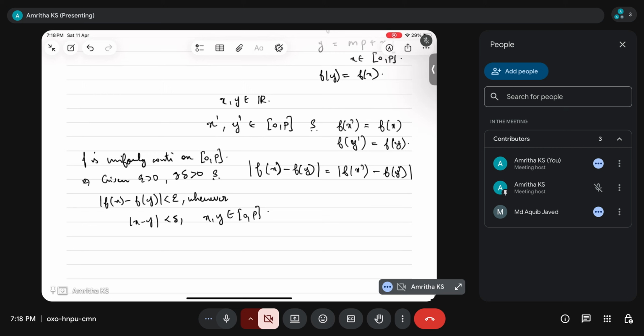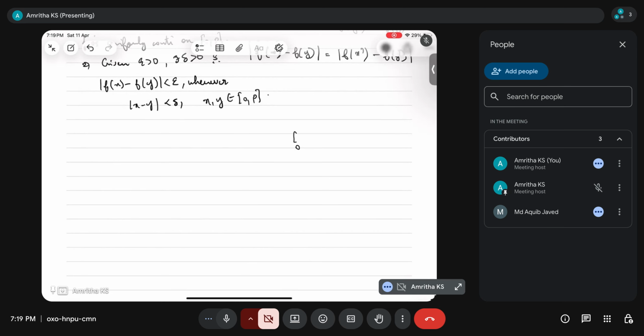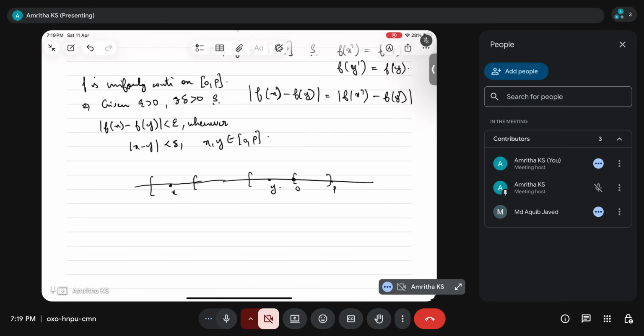Is it true? No, I don't think so. Because suppose this is your [0,p], two adjacent intervals, each of p width. You can take x here and y here. Still, you might get |x dash minus y dash| to be less than delta, but |x minus y| is never less than delta.